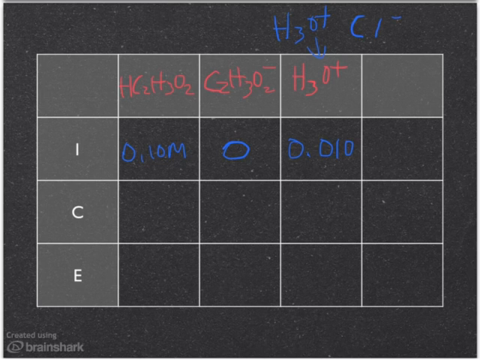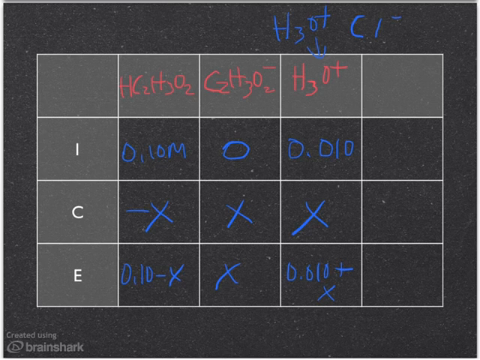Change in this case is negative X, because that's your reactant, and then a positive X for the other two, because those are your products. So then the equilibrium in this case would be 0.1 minus X, X, and then 0.010 plus X, because again, you're on the positive side of this.